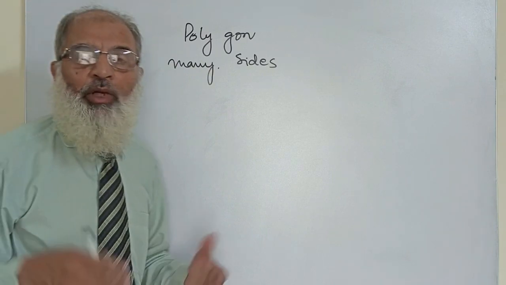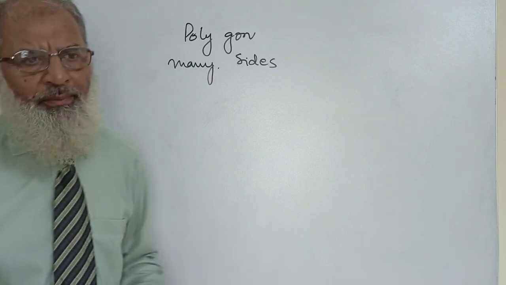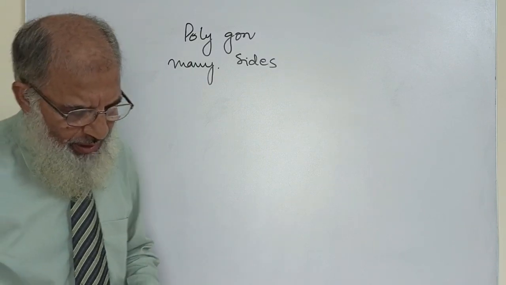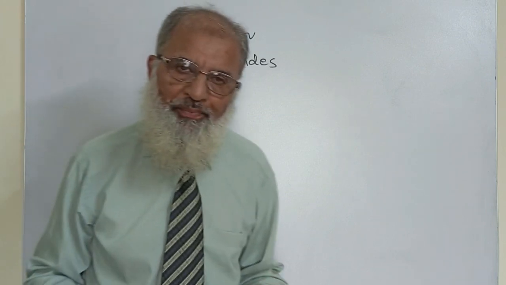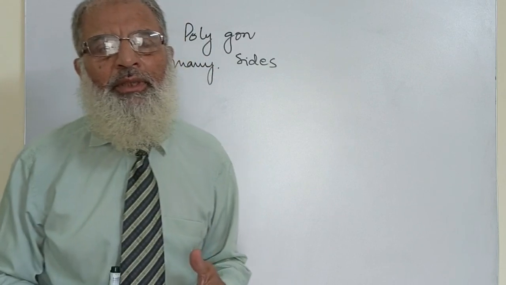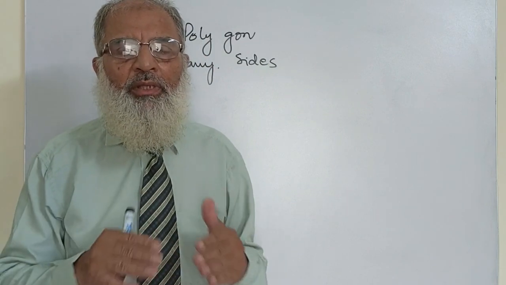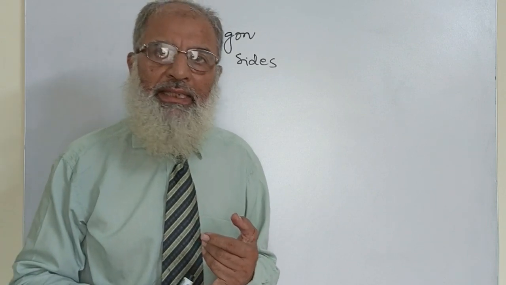Also polyclinic, polytechnic, polygamy, and whatsoever. So this is a very common word, and in our chapter, the polygon deals with figures or shapes with more than four sides.